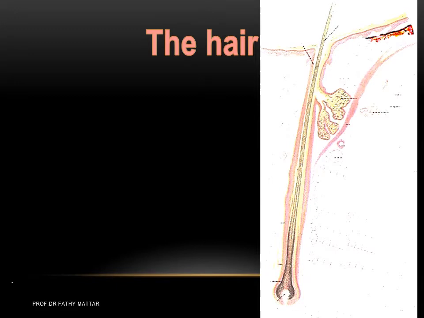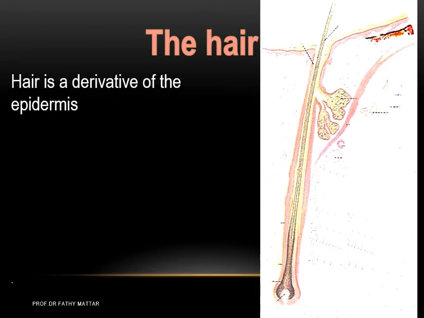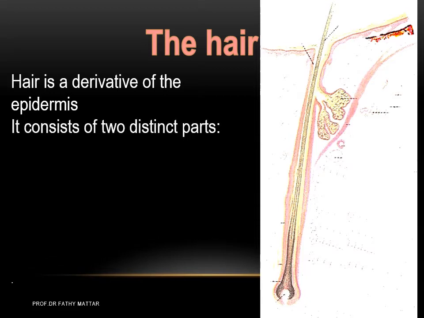The hair. The hair is derived from the epidermis. It consists of two distinct parts.